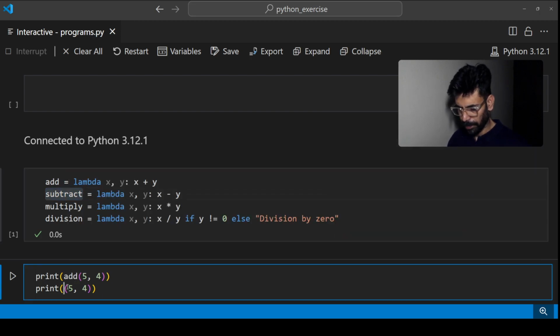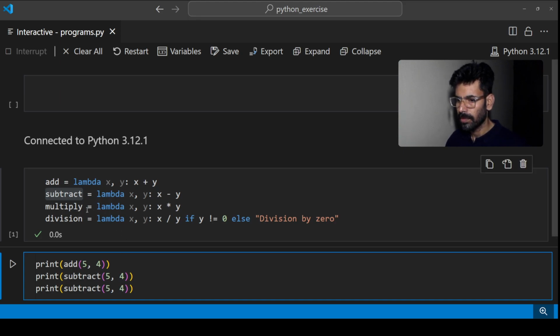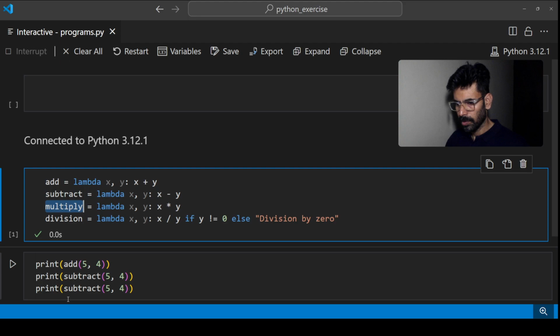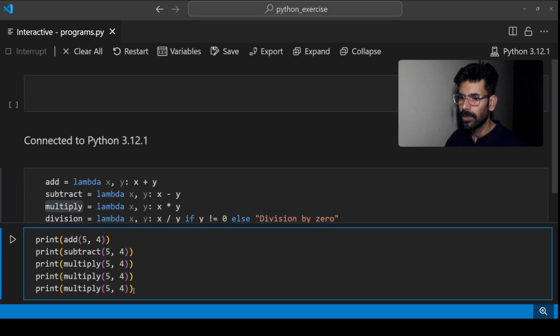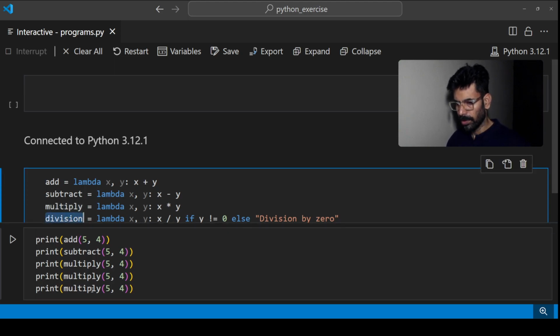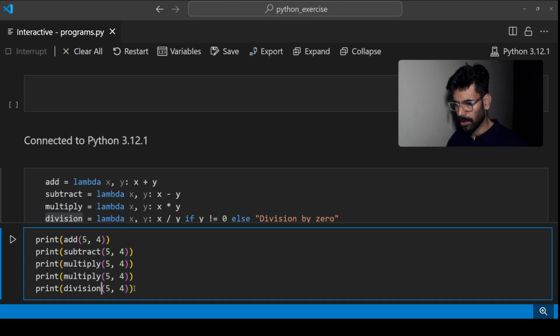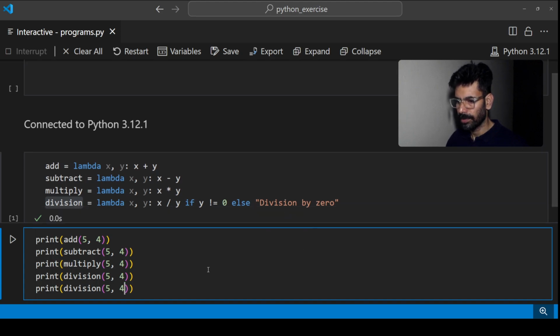Subtract, multiply, division. And here for this else block I will place 4 by 0. So this else block will be executed.